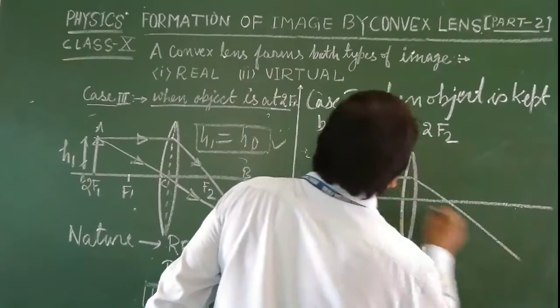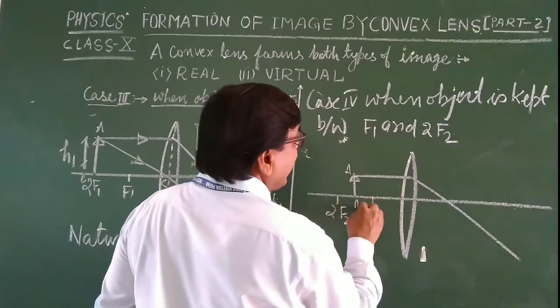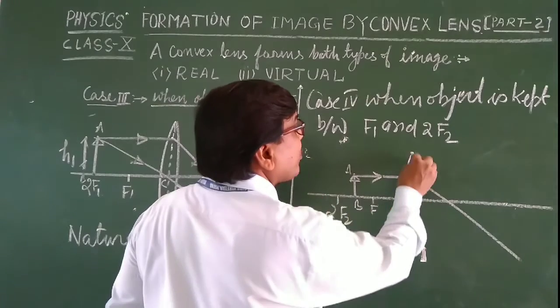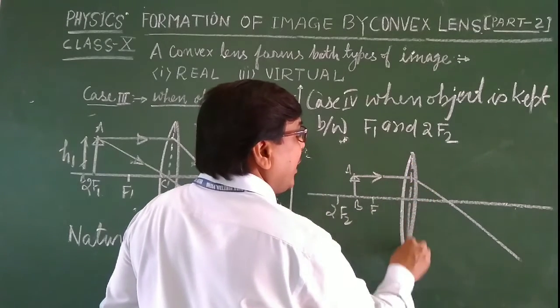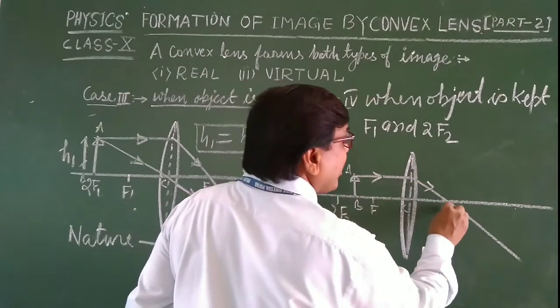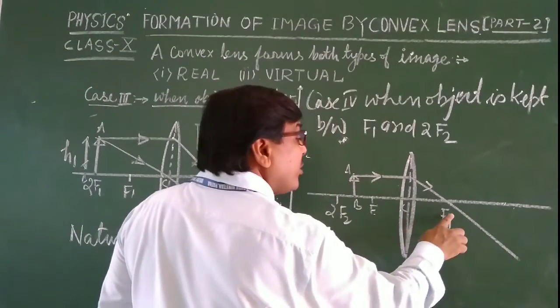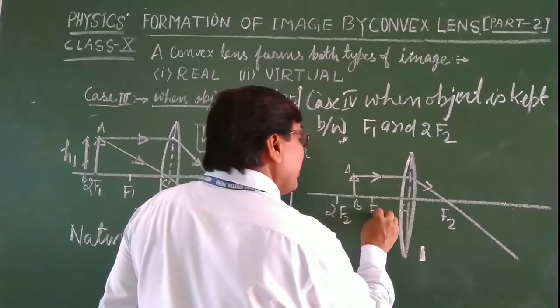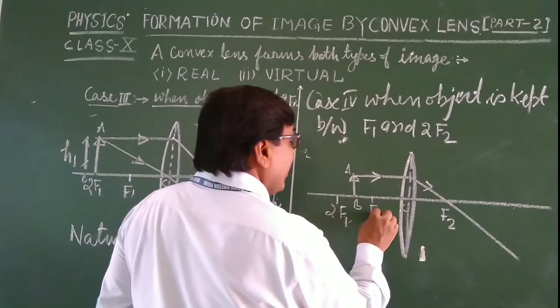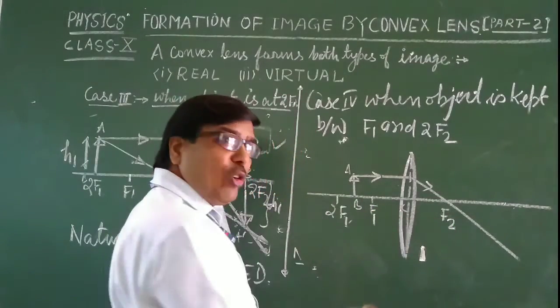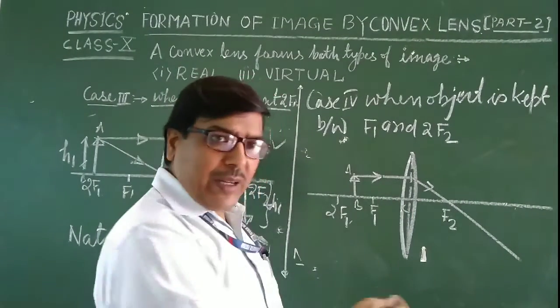An incident ray of light parallel to the principal axis, after the refraction, passes through F2. This is F2, this is F1. On the other side you can take F1 or F2, no matter.